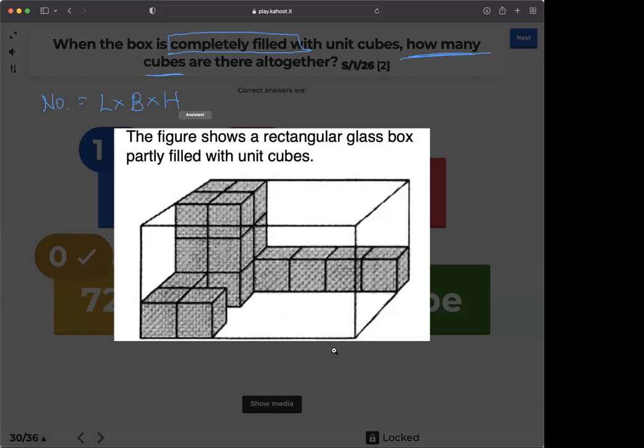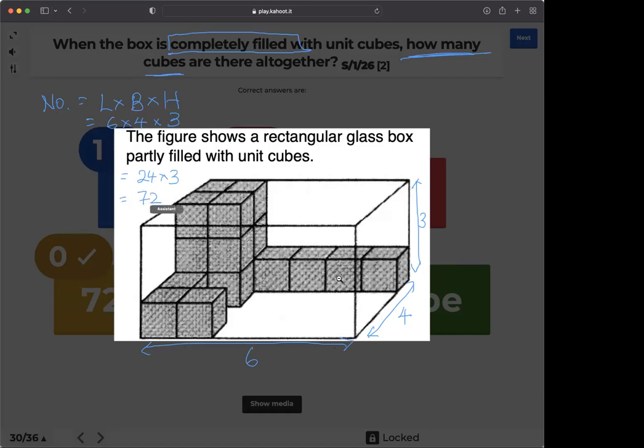Can you see from here, the length, I can fit 6 cubes. The breadth, I can fit 4 cubes. And the height, I can fit 3 cubes. So the answer will be 6 times 4 times 3. You will get 24 times 3, and then you get 72.